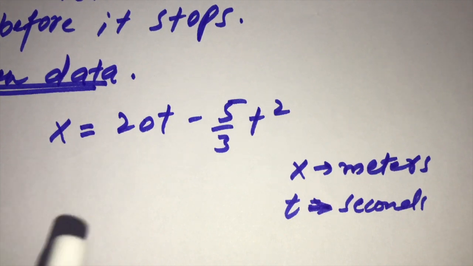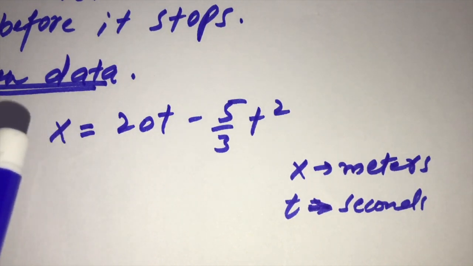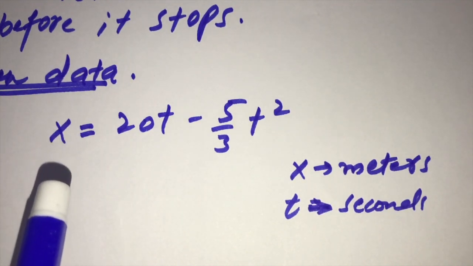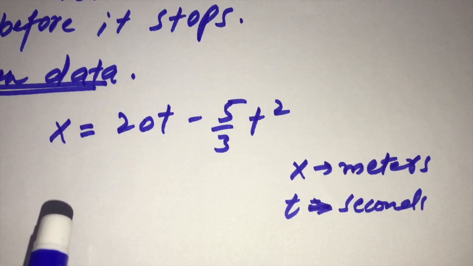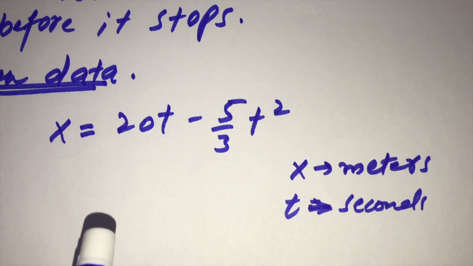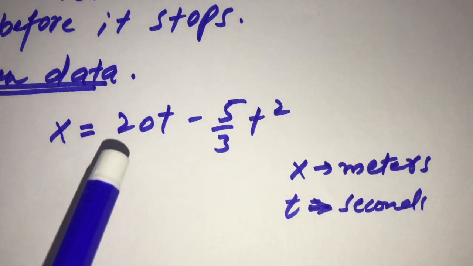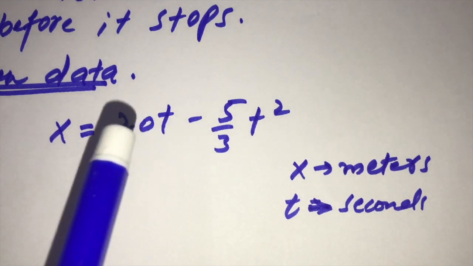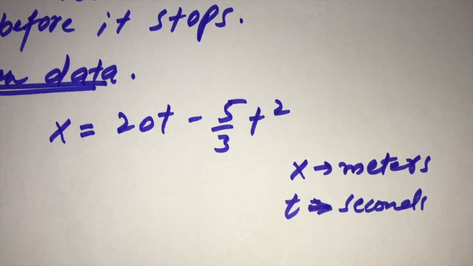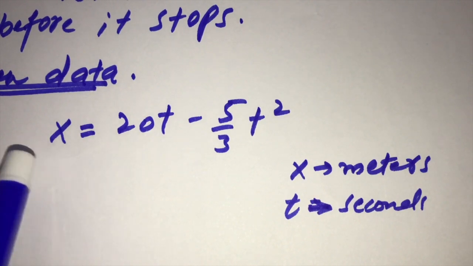So we take our interval from the instant at which the brakes are applied up till the displacement when the car actually stops. So when the brakes are applied, the time t is equal to 0.